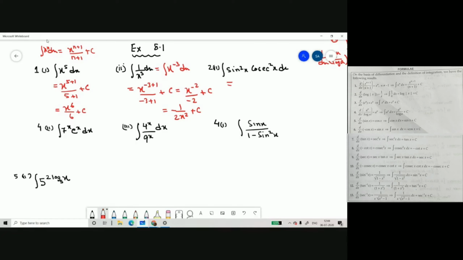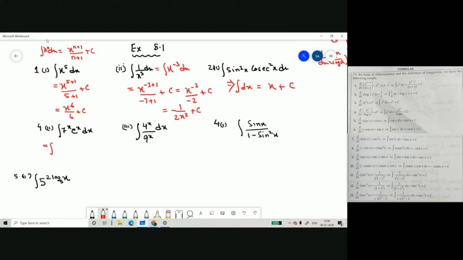Now look at 2 part 2. Very easy. Look over here. Integration of sin square x cos square x dx. Now sin and cos are reciprocal, so this I can write as integration of dx only. And integration of dx is x plus c. Done. Now look at 4 part 2. Integration of 7 to the power x e to the power x dx. This we know.